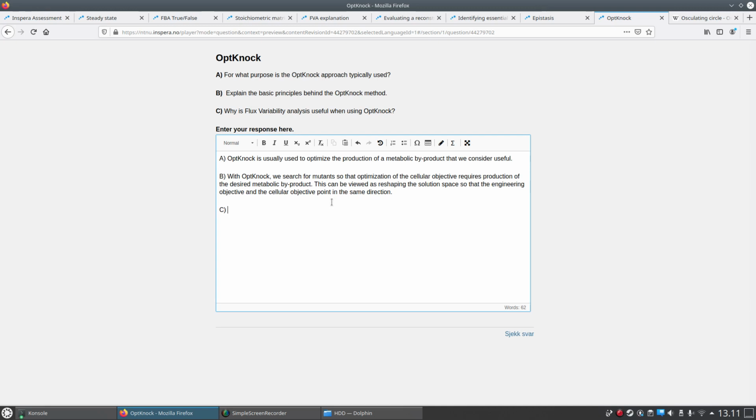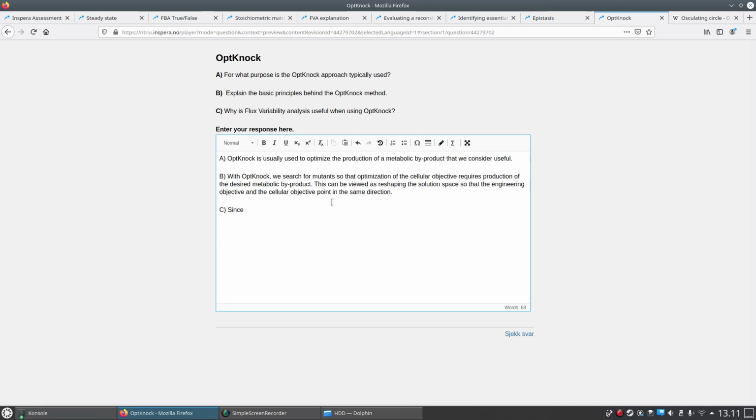In an FBA optimization, the cell only cares about its own objective. It doesn't care about ours. And so if we want to guarantee production of a byproduct, we need to perform FVA, because that will give us the lower bound of production of the engineering objective for that specific mutant in its own optimal solution.